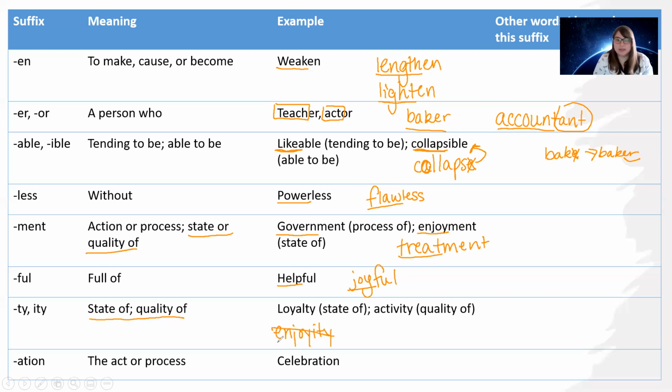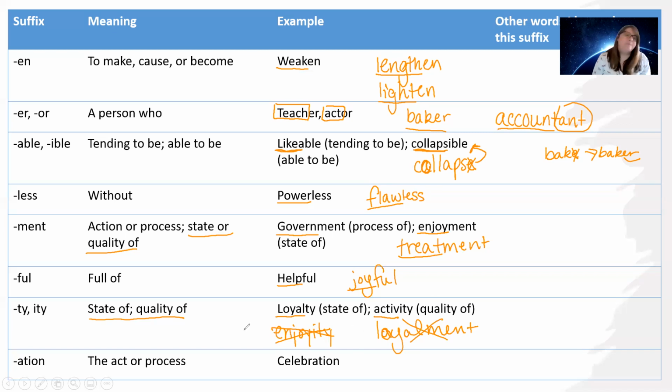So this is not something that we would be able to do, in the same way that I would not be able to say loyalment, MENT. Those don't mix and match. So not every base word will match with every suffix.